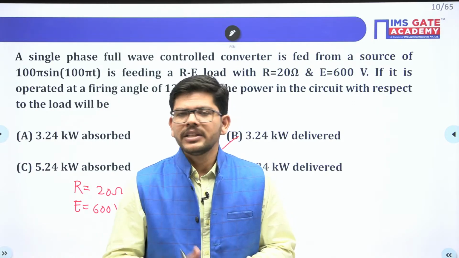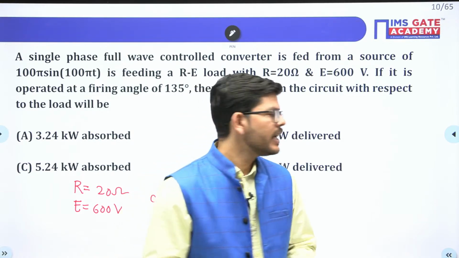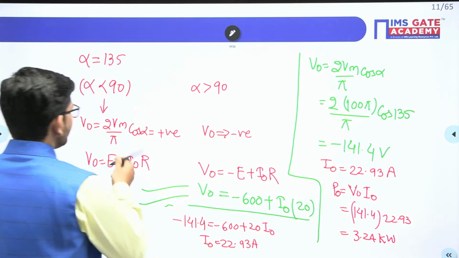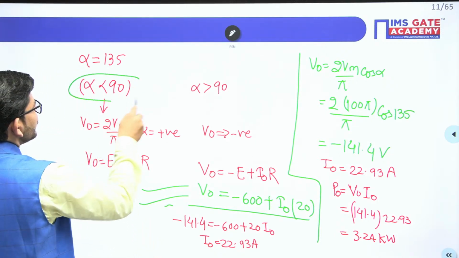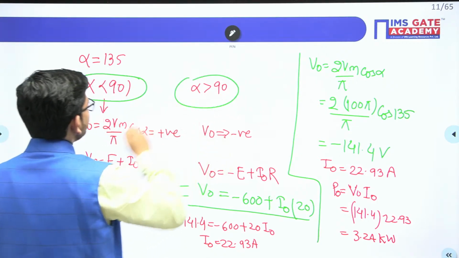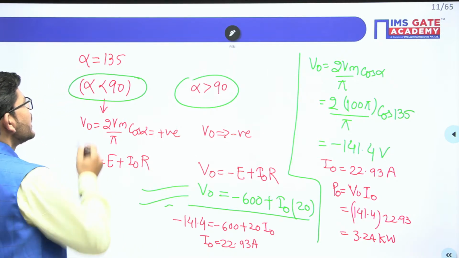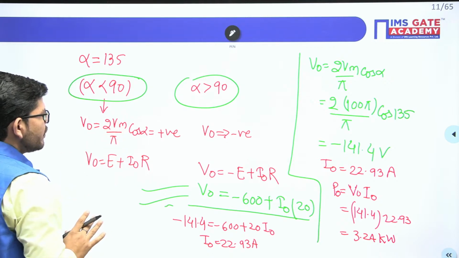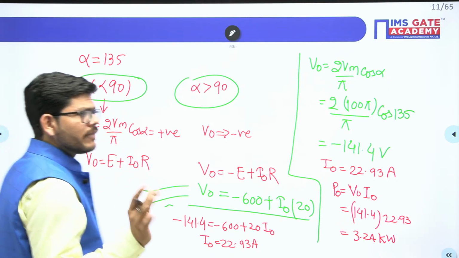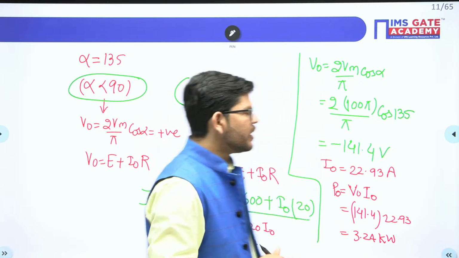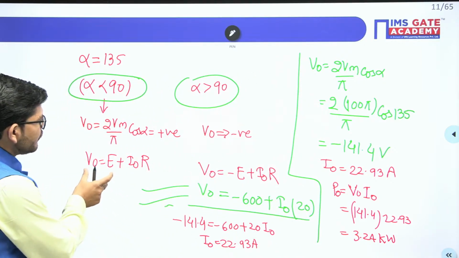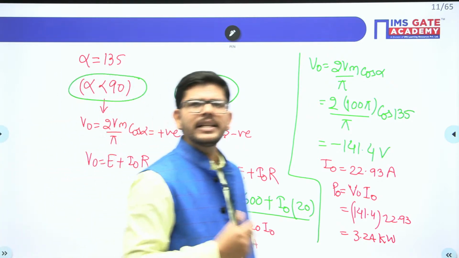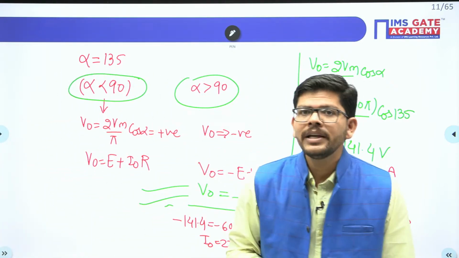This problem is very confusing, guys. Do not forget to remember this particular thing, and you can very easily solve this question. If the firing angle is less than 90, then the voltage V naught will be positive and your converter will be acting as a rectifier, so the load side KVL will be V naught equals E plus I naught R. But when the firing angle is greater than 90, V naught will be negative.